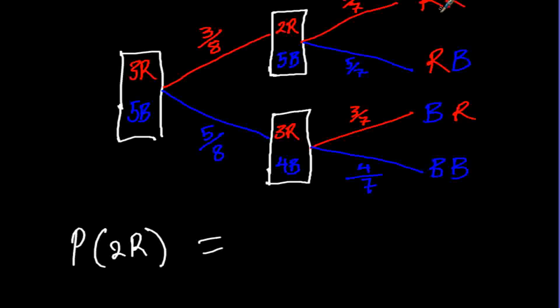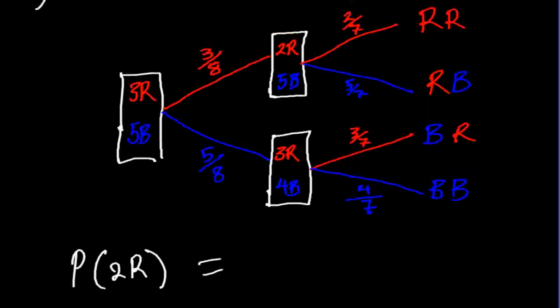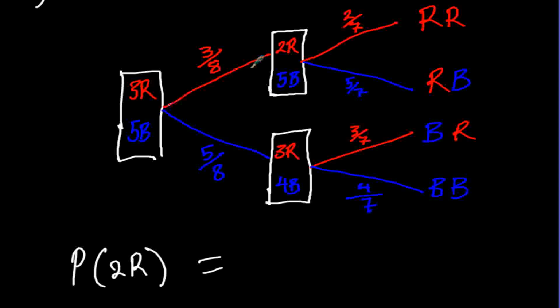Probability of 2 red, it is when we get that red. And getting that red, it is first picking red, which is 3 out of 8, then times the second picking of red, which is 2 out of 7.